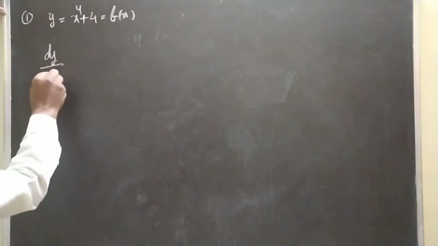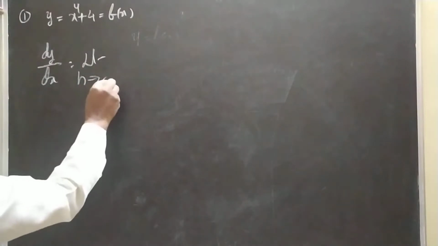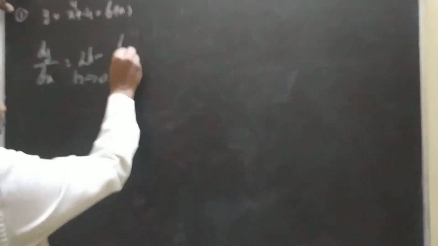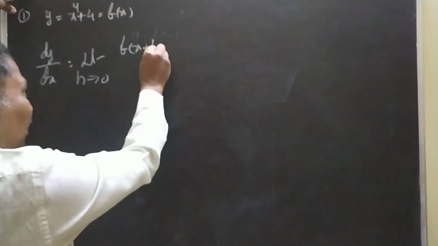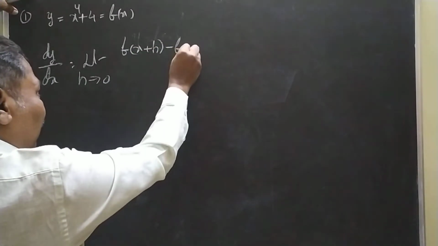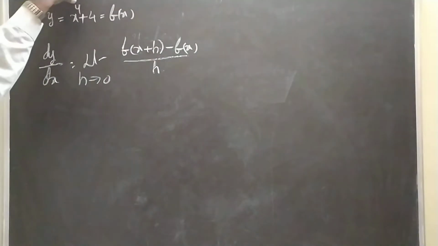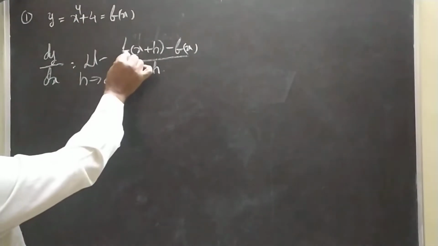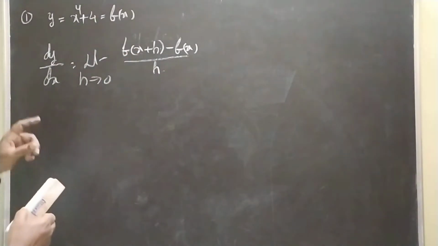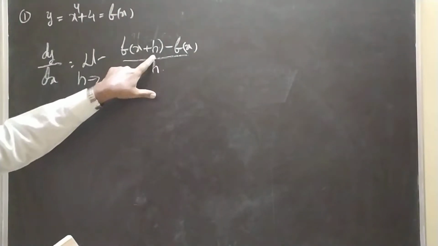dy by dx equals limit h tends to 0 of f of x plus h minus f of x by h. This is the first principle. So for f of x plus h, replace x with x plus h.